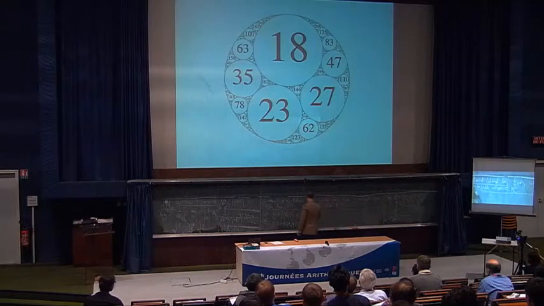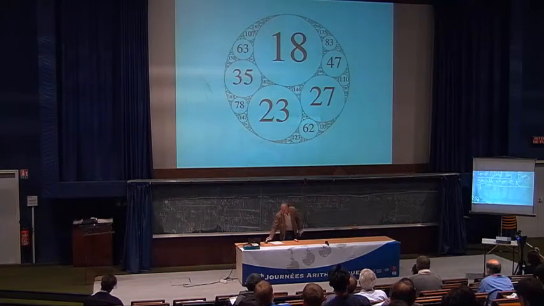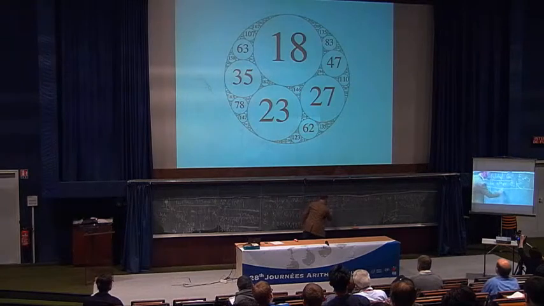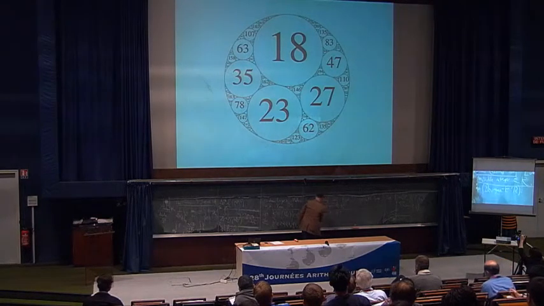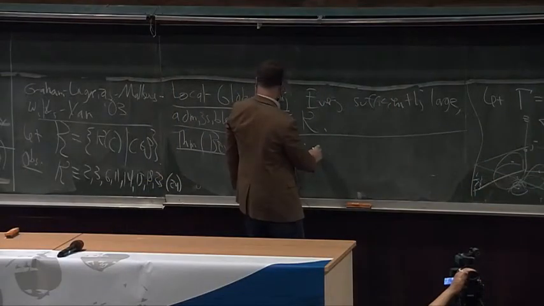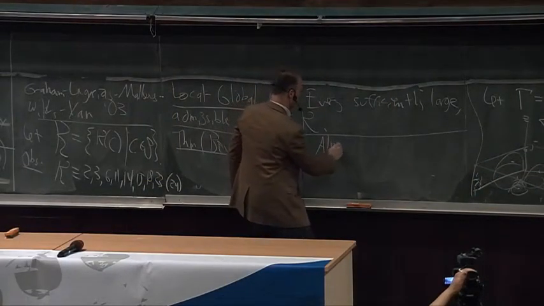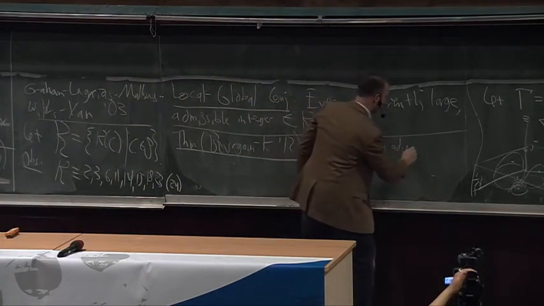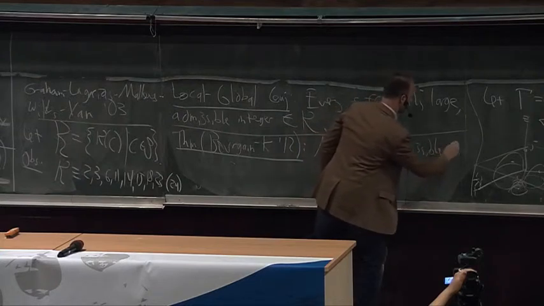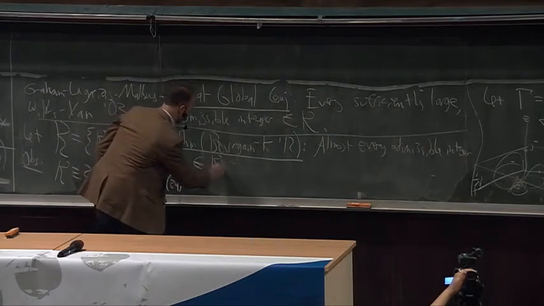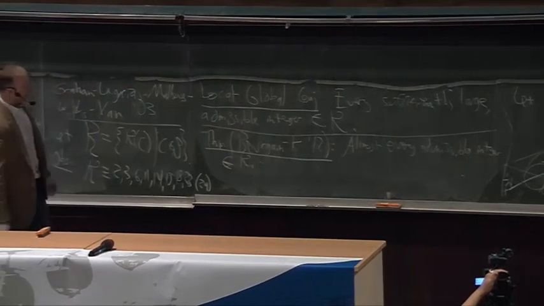Okay, so what I'd like to actually talk about is a theorem, joint work with Jean Bergin from last year, which proves almost every admissible integer is in K. So what does almost mean?